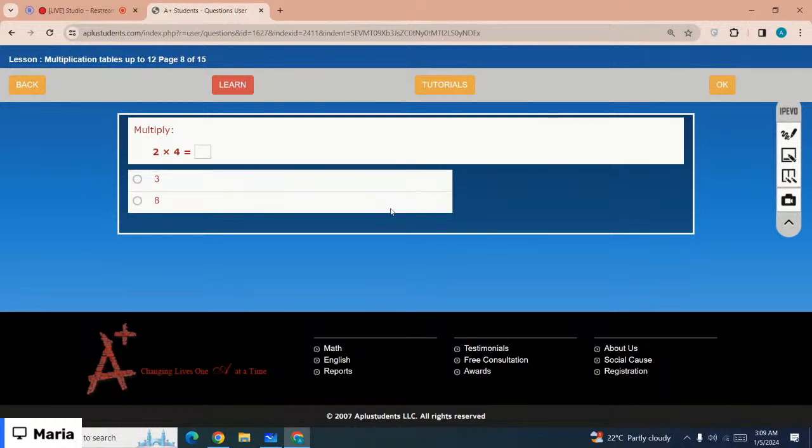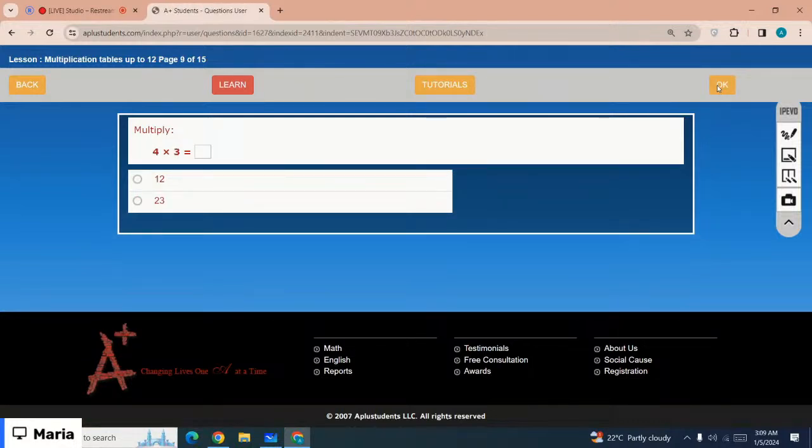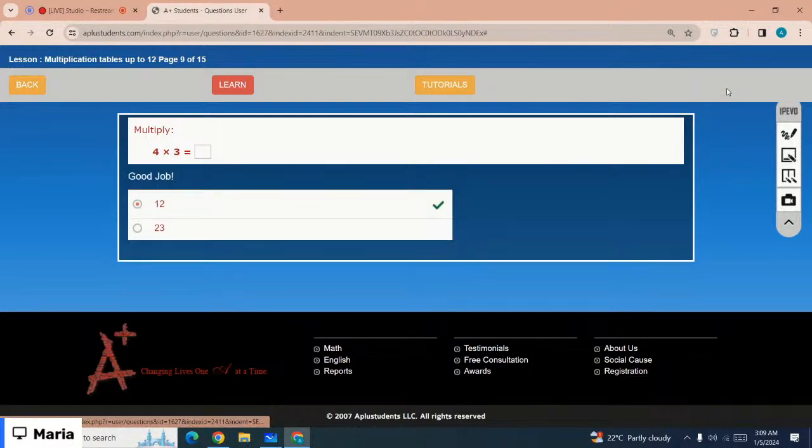Very good. 4 times 3 equals, very good. The correct option is 12. 4 times 3 equals 12.